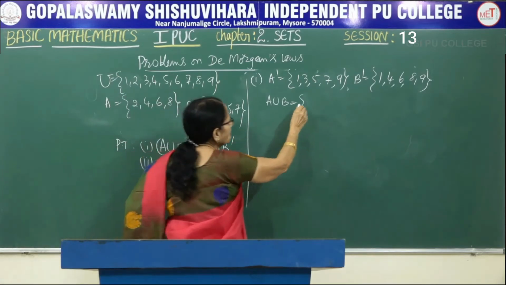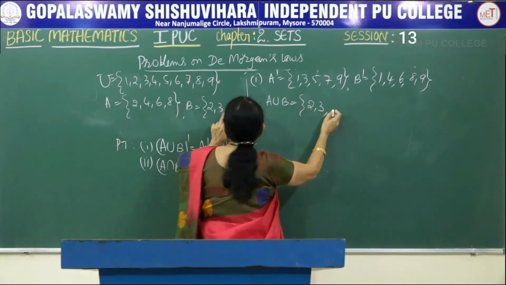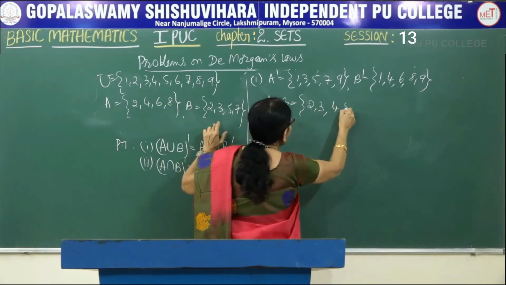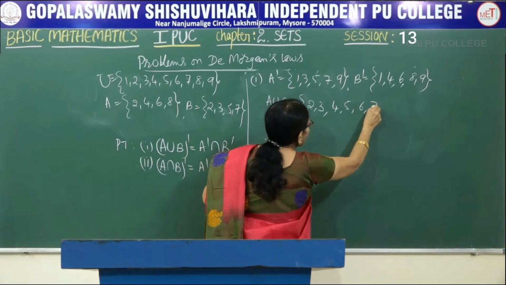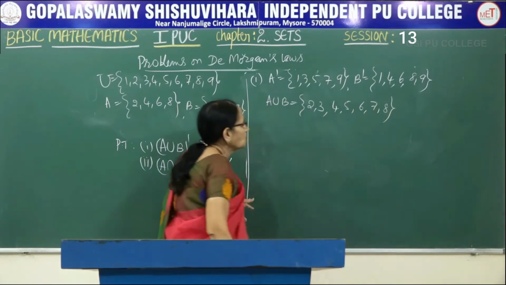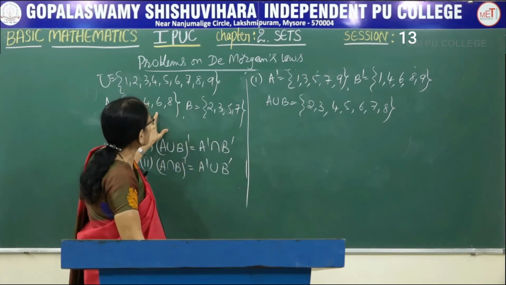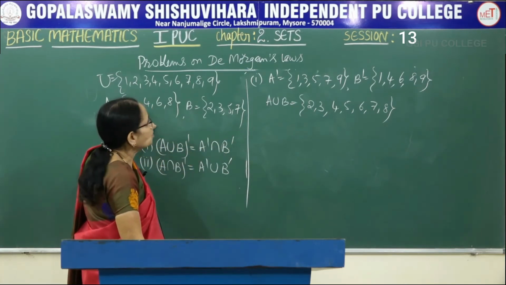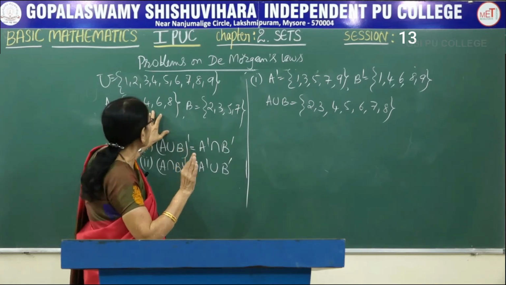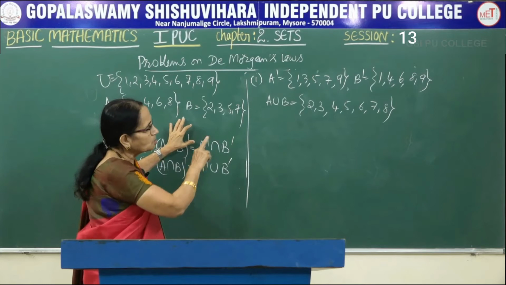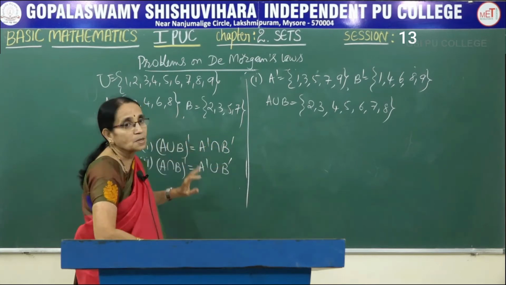So let me write in an order 2, 3, 4, 5, 6, 7, 8. So here 4 elements, here 4 elements. Some elements have been repeated here. See, 2 is repeated, so there is no need to write 2 times here, you write only 1 time. Now these are the elements which are present in the union.